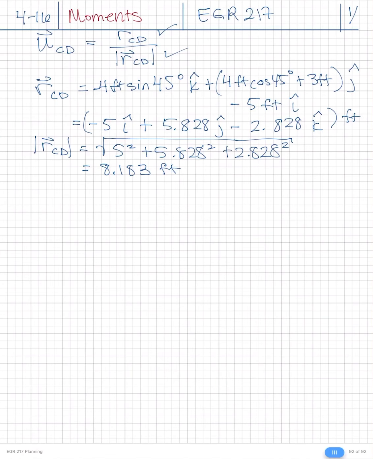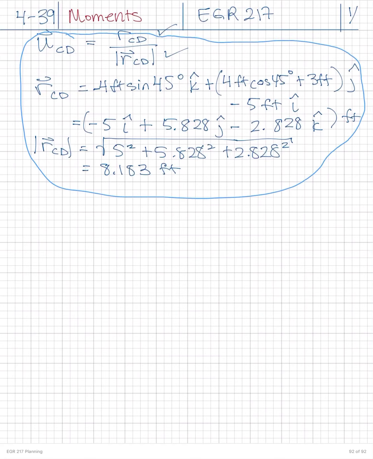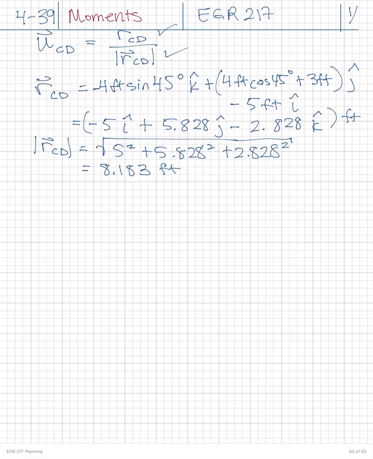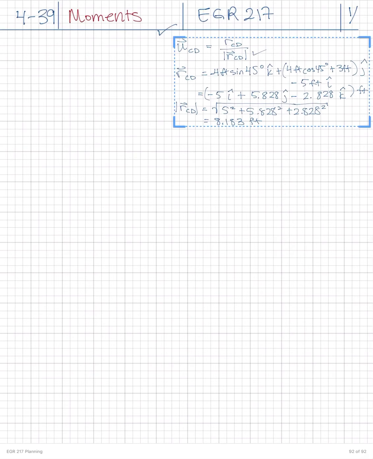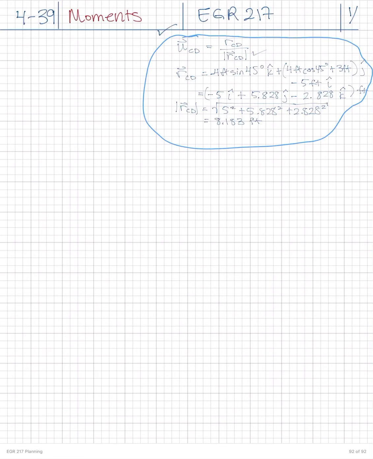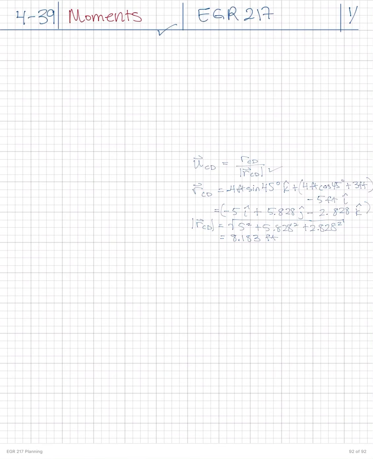And this is problem 39. I just copied the header over to the other ones. Let's take this and make it a little bit smaller. All right. So now we have that U is CD.